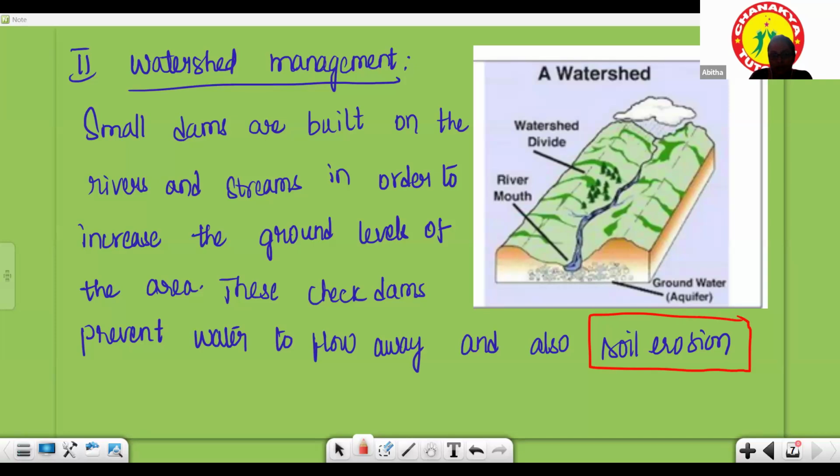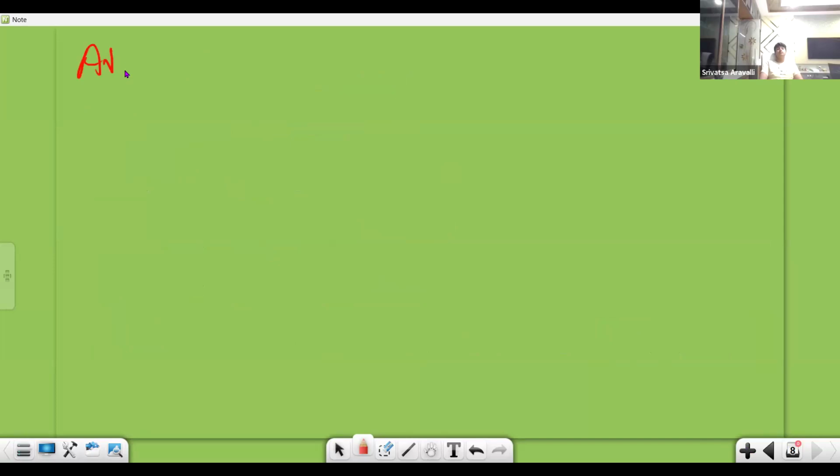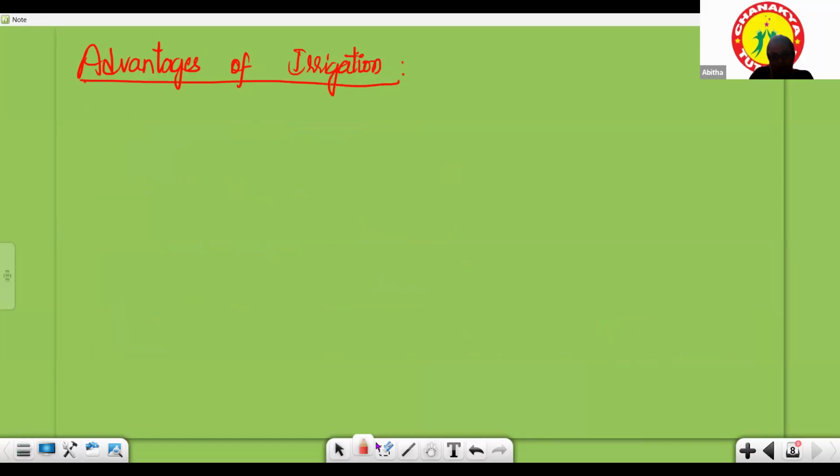So advantages of irrigation. What are the advantages of irrigation?